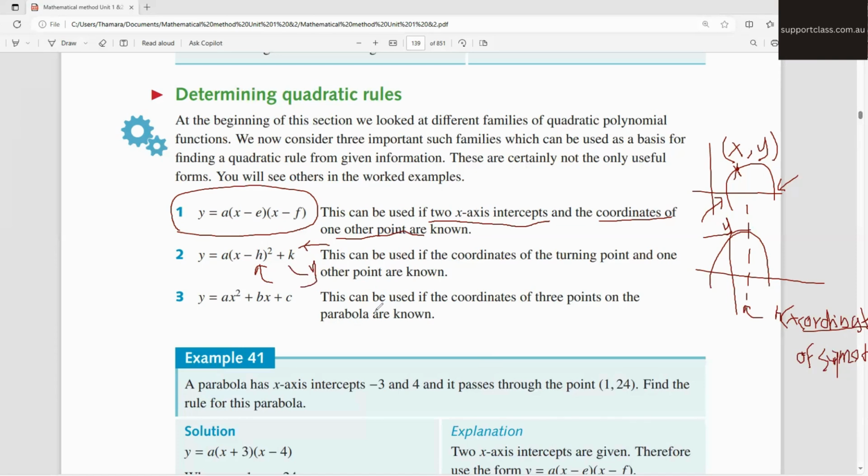In that family, this is the equation common for them.